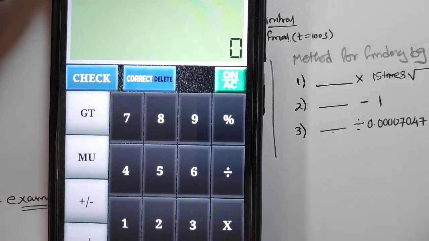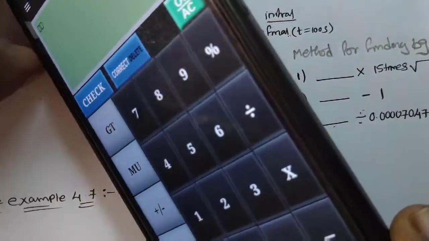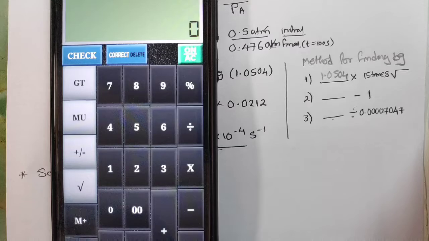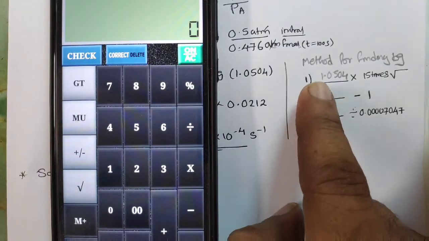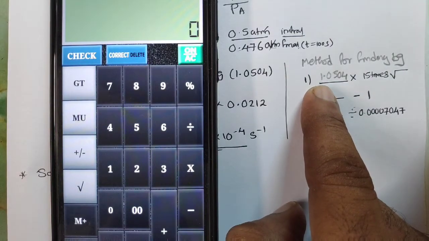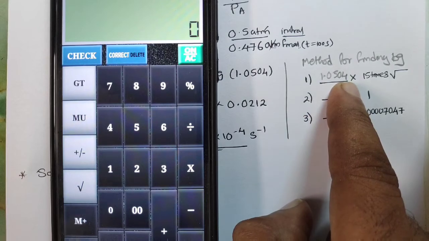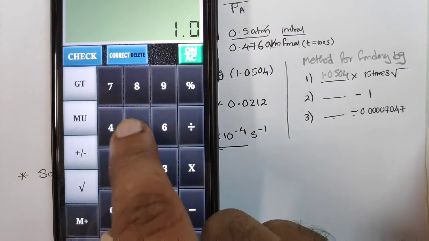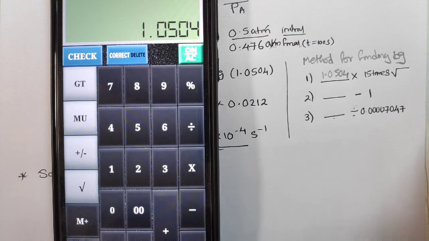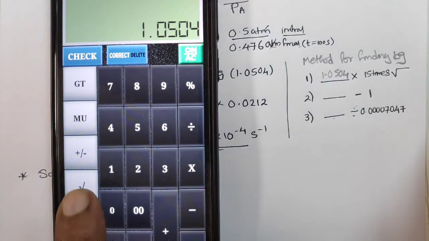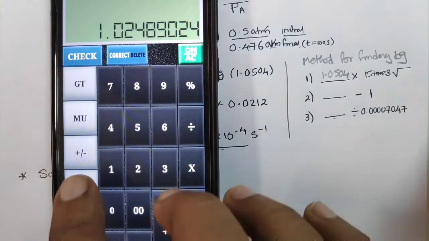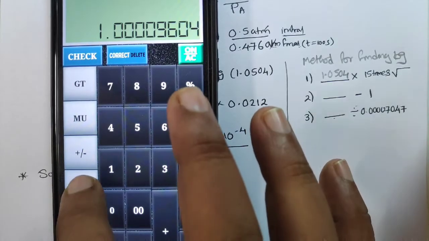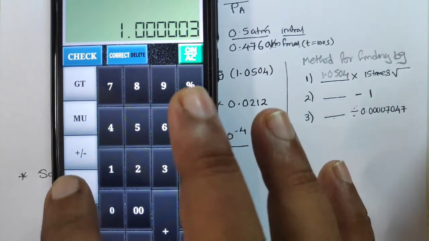Suppose I want to find the log of 1.0504. Take 1.0504, and how many times the square root? 15 times: 1, 2, 3, 4, 5, 6, 7, 8, 9, 10, 11, 12, 13, 14, 15.